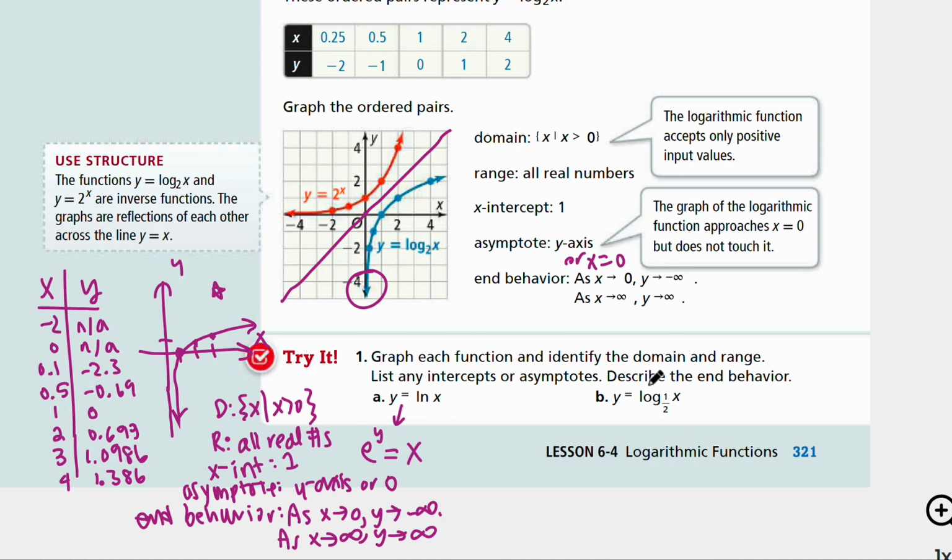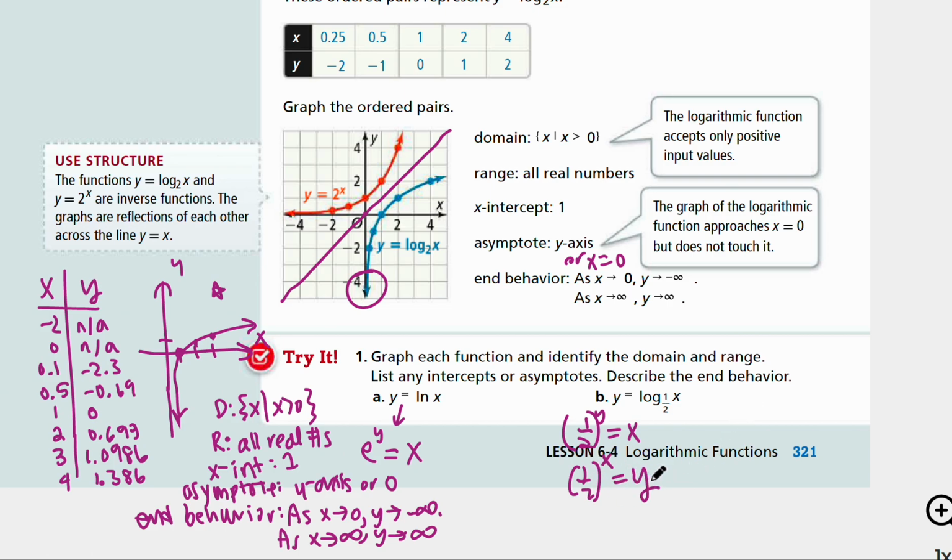Let's look at part B. This one is the same way. So if you change this to exponential form, it's going to be 1/2 to the power of y is equal to x, right? So this is the same as, if you change it to the inverse, you'll be able to have 1/2 to the power of x equals y.